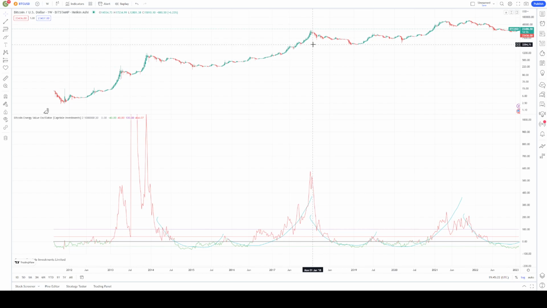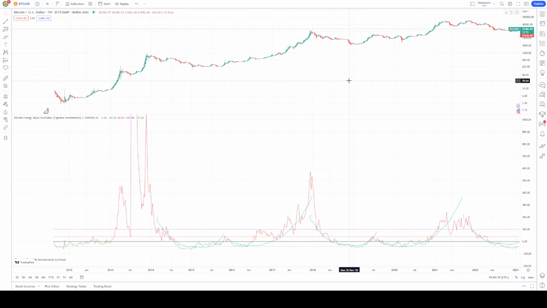Then what happens? We basically repeat the same cycle. We have our bull market top, we start coming back down, and then we hit a bottom somewhere around here, and then our energy oscillator starts going back up, and then we hang out in this area.